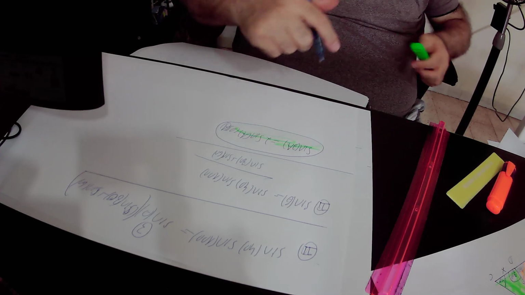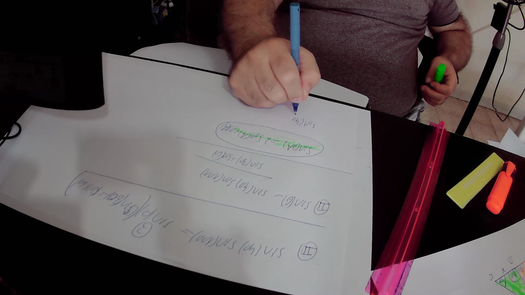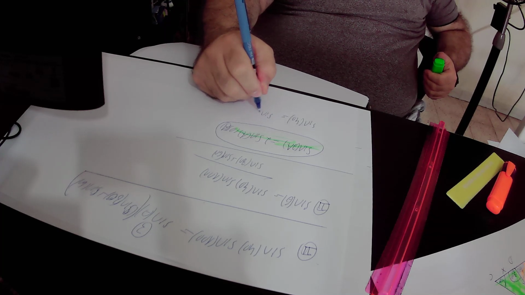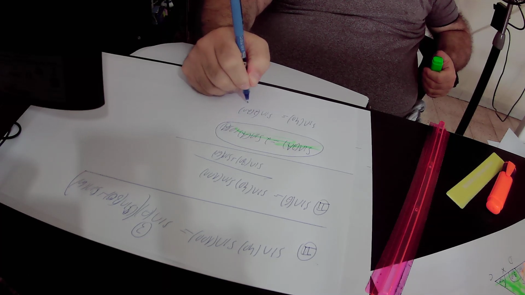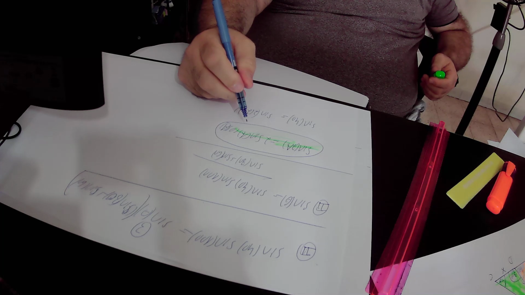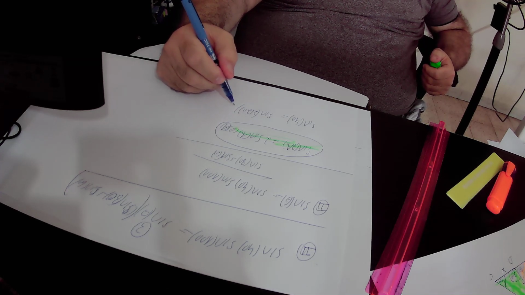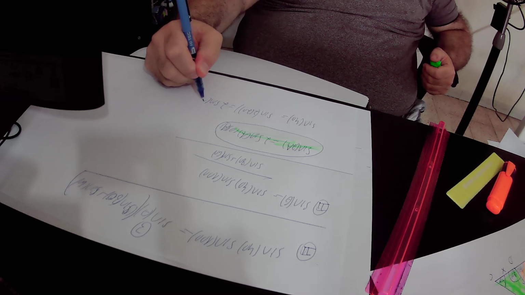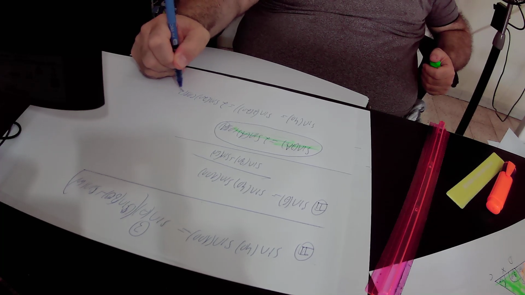Sinus 40 degrees is equal to sinus 2 times 20 degrees, and according to this identity, sinus 2a equals 2 sine a cosine a, we get that sinus 2 times 20 degrees equals 2 times sinus 20 degrees times cosine 20 degrees.